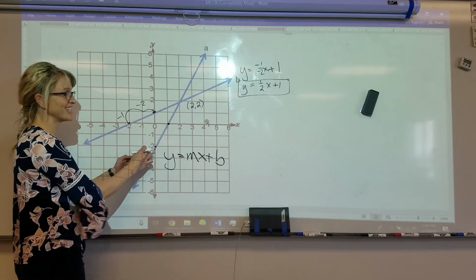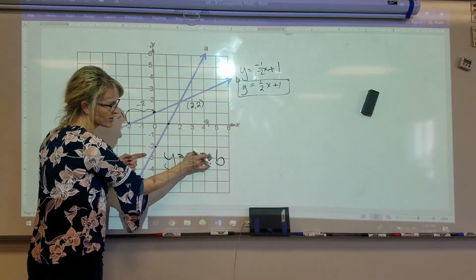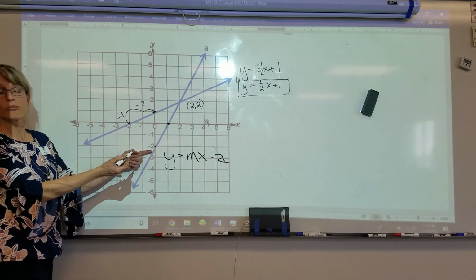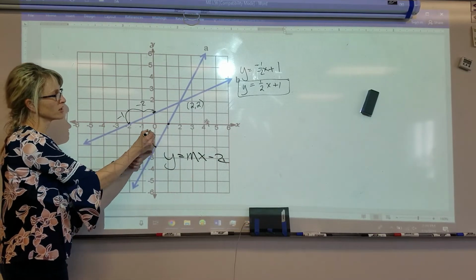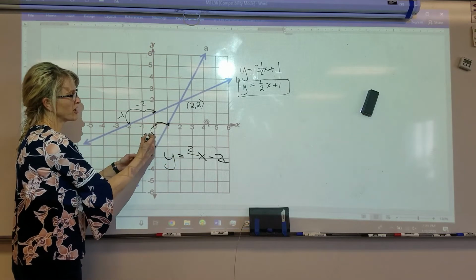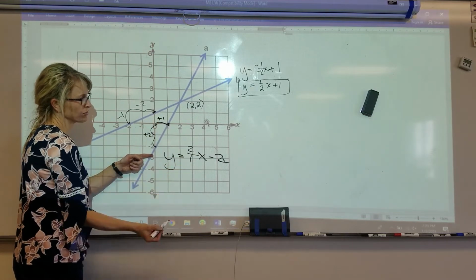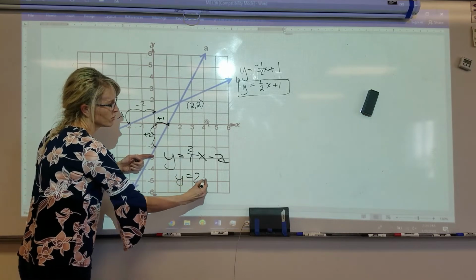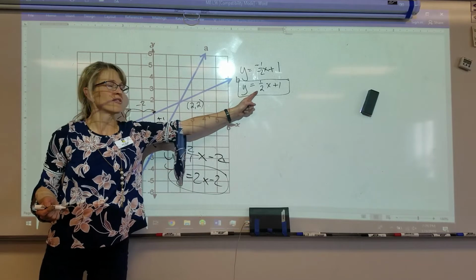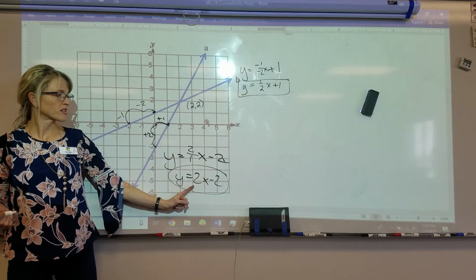My intercept is -2, so instead of writing positive B, I'm going to put -2. For my rise over my run, I went up 2, over 1, and I can rewrite that simpler as 2x minus 2. So here are my 2 equations: y equals 1/2 x plus 1, and y equals 2x minus 2.